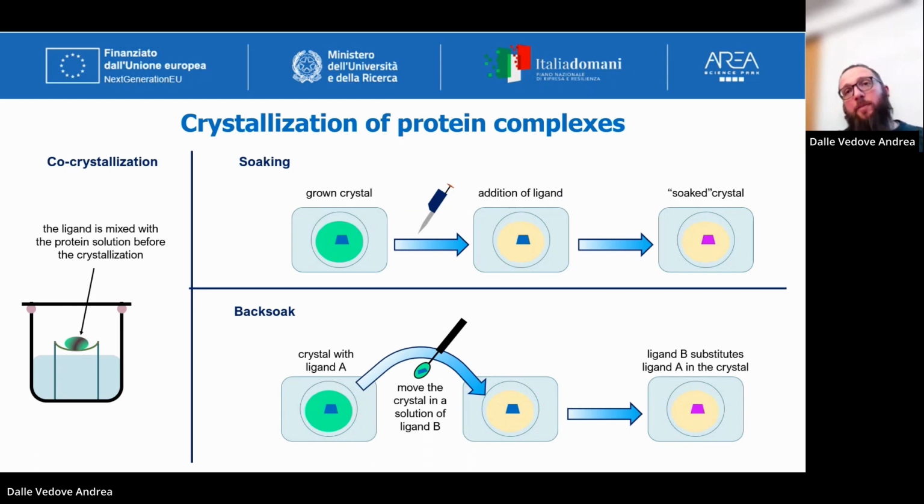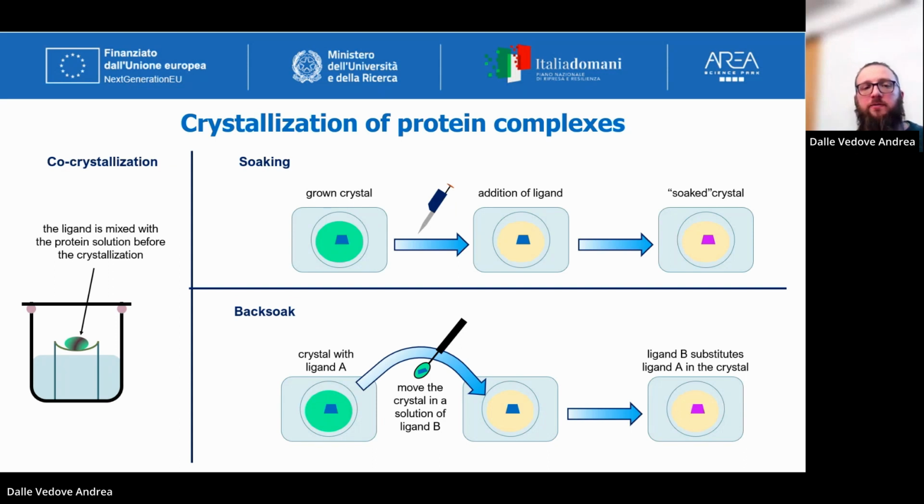What should happen, hopefully, is that by the combination of higher affinity of the new ligand and higher concentration in the drop of your new ligand, you have by diffusion the switch of the two, and so you might be able to collect again the structure of your protein with this new ligand.